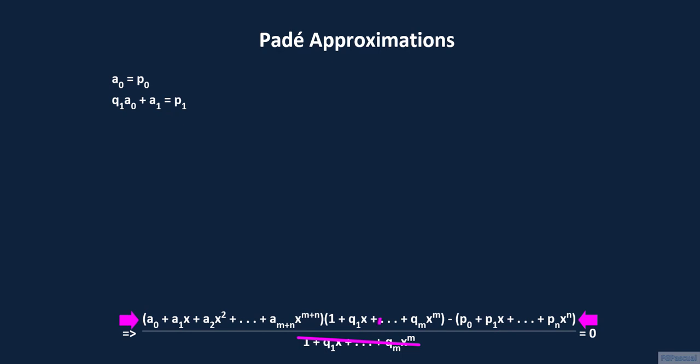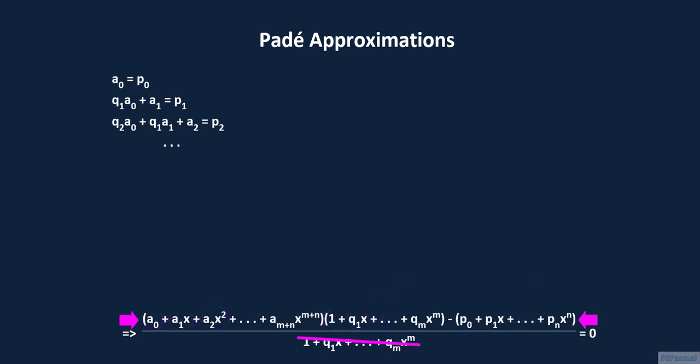The second degree term is q sub 2 times x squared times a sub 0 plus q sub 1 times x times a sub 1 times x plus 1 times a sub 2 times x squared minus p sub 2 times x squared. And so q sub 2 times a sub 0 plus q sub 1 times a sub 1 plus a sub 2 must be equal to p sub 2.